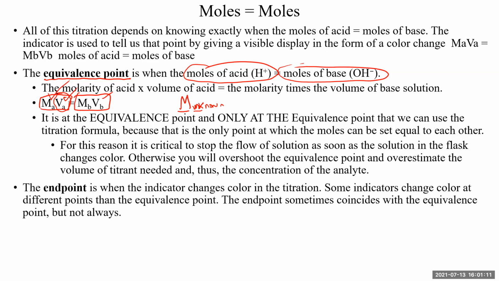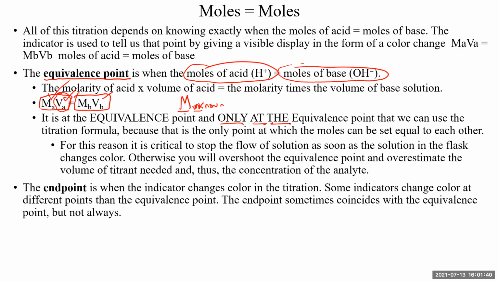Once you have VA or VB, whichever one it is, I'm arbitrarily picking VA here to be the known, once you know the volume of your known solution that needed to be used to neutralize your unknown, you have the very last experimental piece to plug in the variable V and then solve for M of the unknown. So it is at the equivalence point, and only at the equivalence point, that we can use the titration formula.